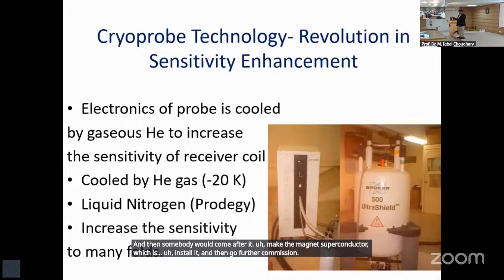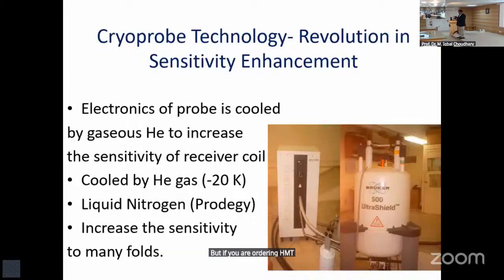But if you are ordering 800 or 1000, it's not available off the shelf. They would install it. They will make it for you. Of course, there are some companies already ready, such as this Diva.